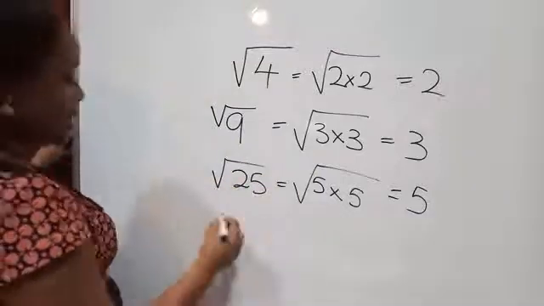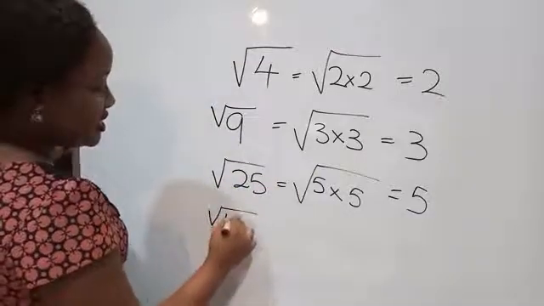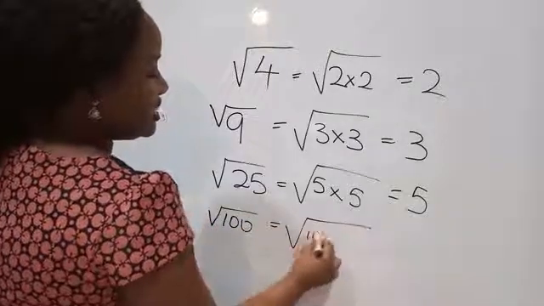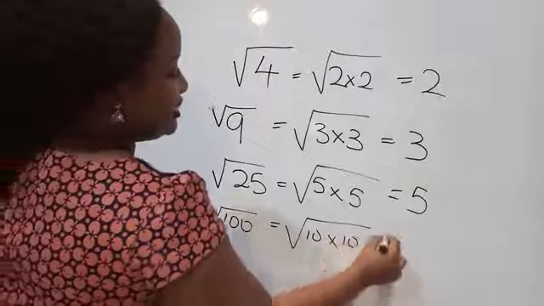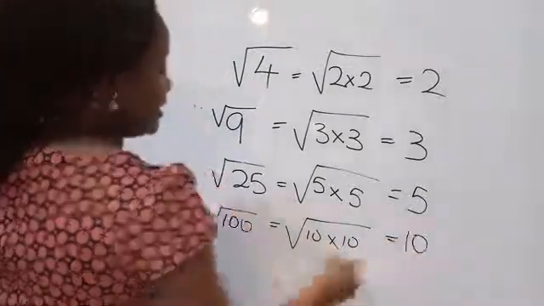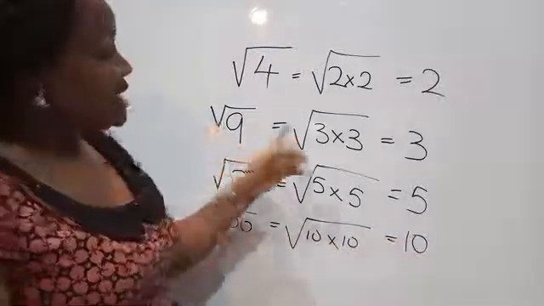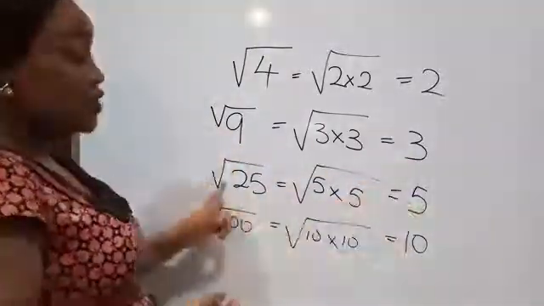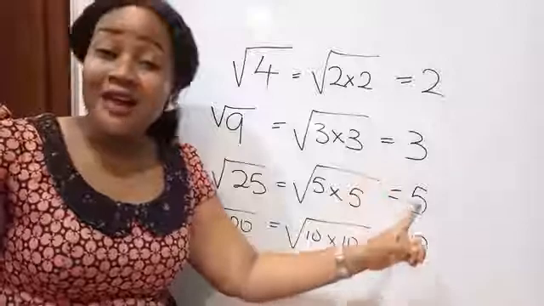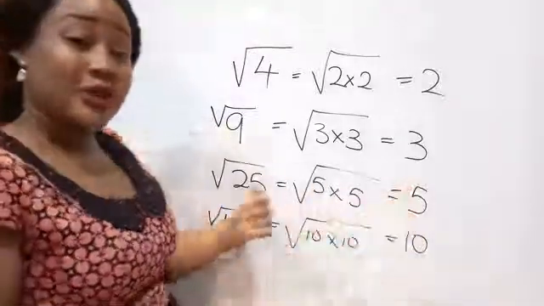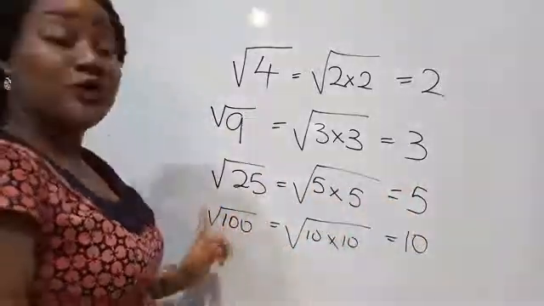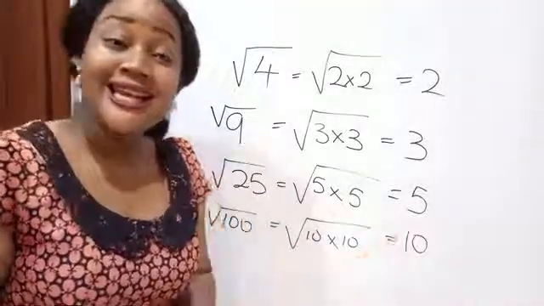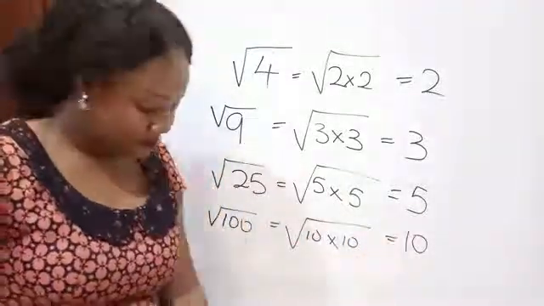Let's say 100, which is 10 times 10, and it gives us 10. So the square root of 9 gives us 3. The square of 3 is 9. The square root of 25 is 5. The square of 5 is 25. The square root of 100 is 10. The square of 10 is 100.